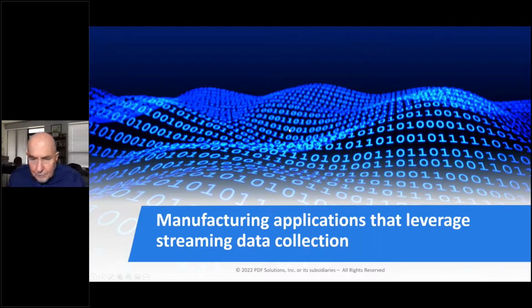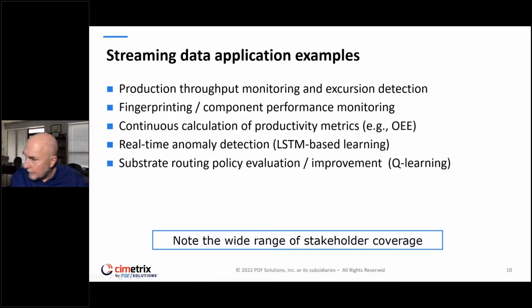Okay, moving along. Now I'll talk about some applications that can leverage streaming data collection, and I'll be using some icons from different standards to show where that data actually comes from in the equipment. Okay, the first one is one that I've used frequently in other contexts when talking about the EDA or Interface A standards.